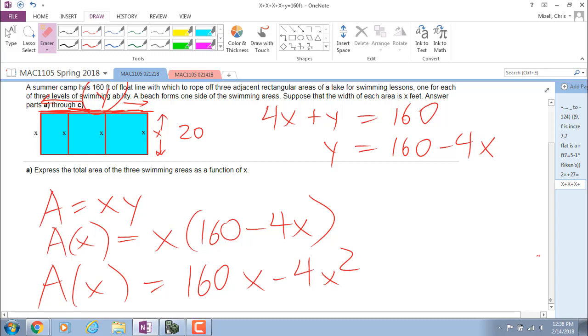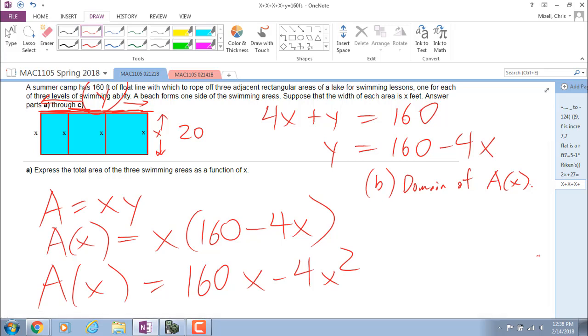That's the A part. Now the B part asks us for the domain. What is the domain of this function A of x? We encountered that right at the end of class, and I tried to wave my hands at it to indicate an answer. Here are the considerations that we need to make.